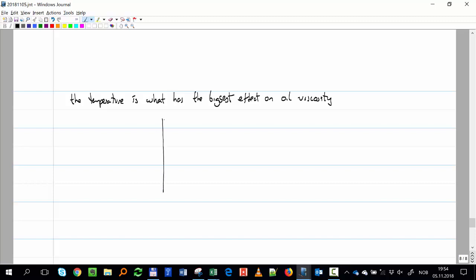So if we look at constant pressure, we see how the viscosity of the crude will look versus temperature. Here we're talking about a log scale, which goes from maybe 1, 10, then 100, 1,000, then even 10,000. You will see a behavior like that.